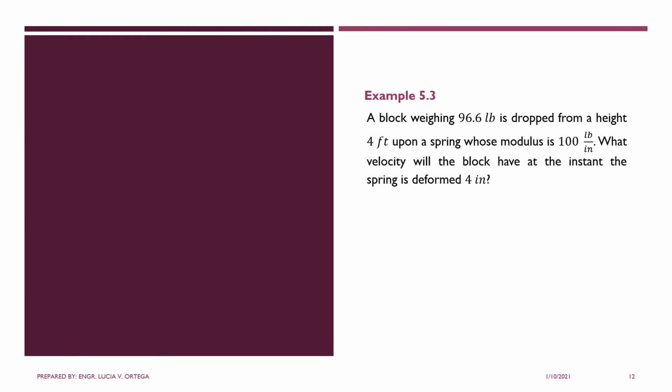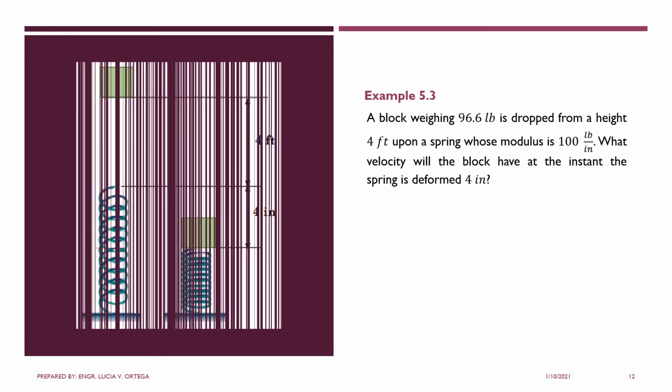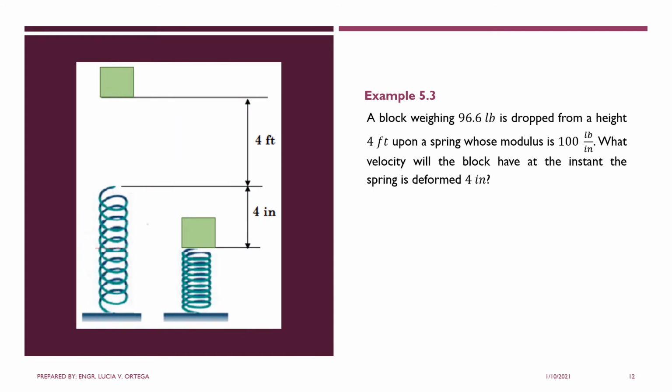So let's have a sample problem. A block weighing 96.6 pounds is dropped from a height of 4 feet upon a spring whose modulus is 100 pounds per inch. What velocity will the block have at the instant the spring is deformed 4 inches? So this would be the diagram.